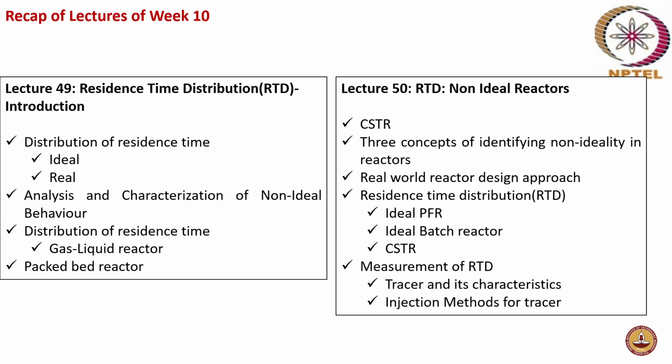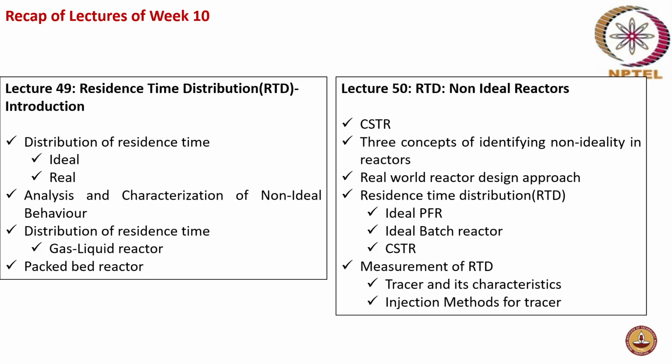Lecture 50 was again on residence time distribution, and here the CSTR was discussed. Then 3 concepts of identifying non-ideality in reactors were discussed, along with the design approaches for a real-world reactor, and the residence time distribution for an ideal PFR, ideal batch reactor and CSTR.